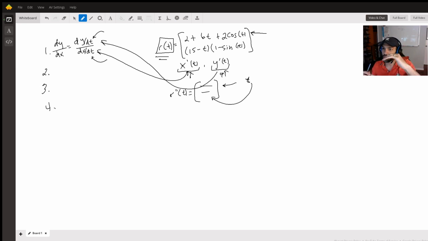We're looking for when the derivative of that y component is 0, because that's the top. So it's a matter of finding when the first derivative of the y component of the position vector is 0.